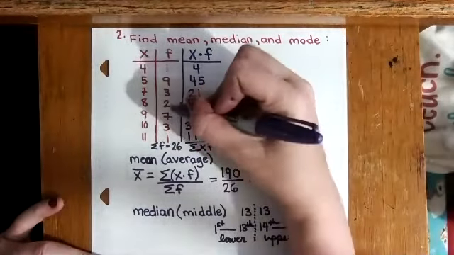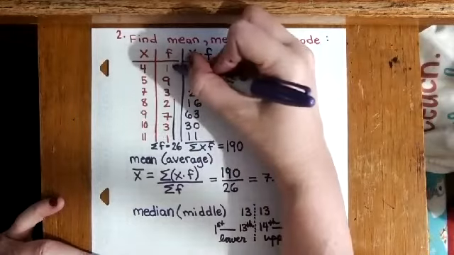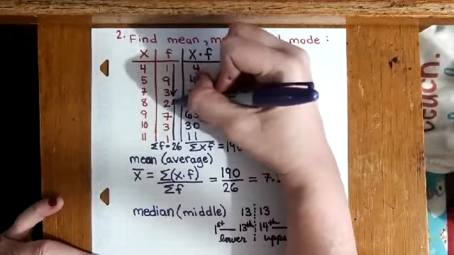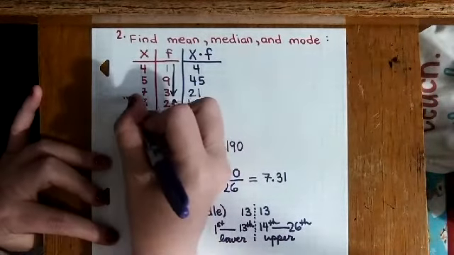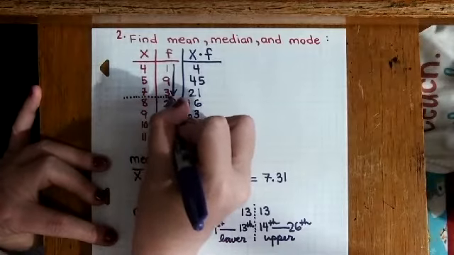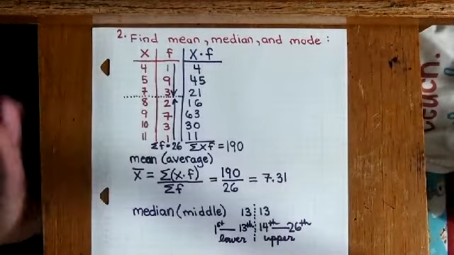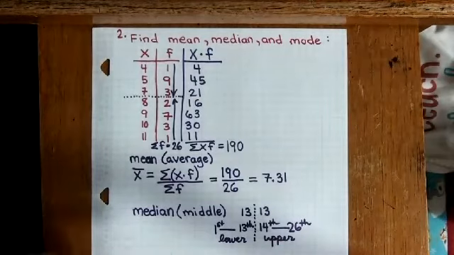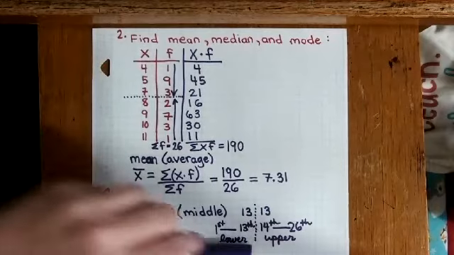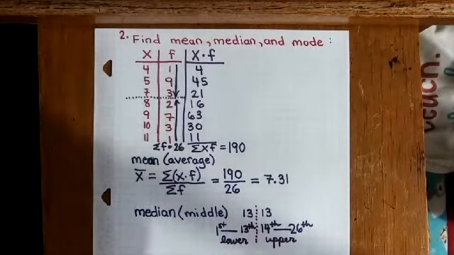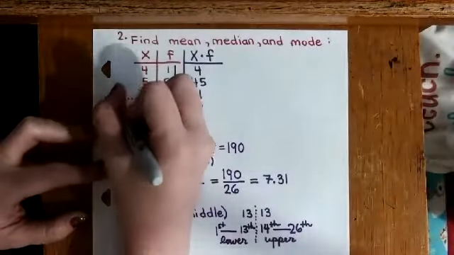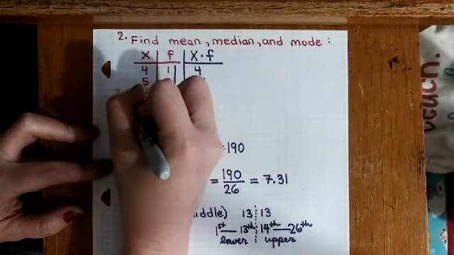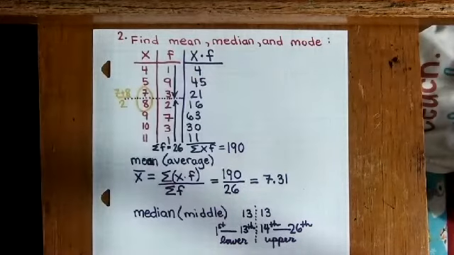So 13 entries below and 13 entries above, when we're looking at F, would be a split here between the 3rd and 4th row. So using the frequency, we find the middle. But then we'll use the X values to find the value of the median.